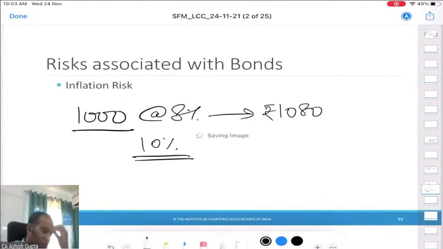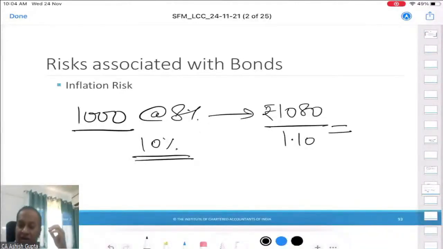The real value of the money that you have received will be 1080 divided by 1.10, and the value will come to 981.82.